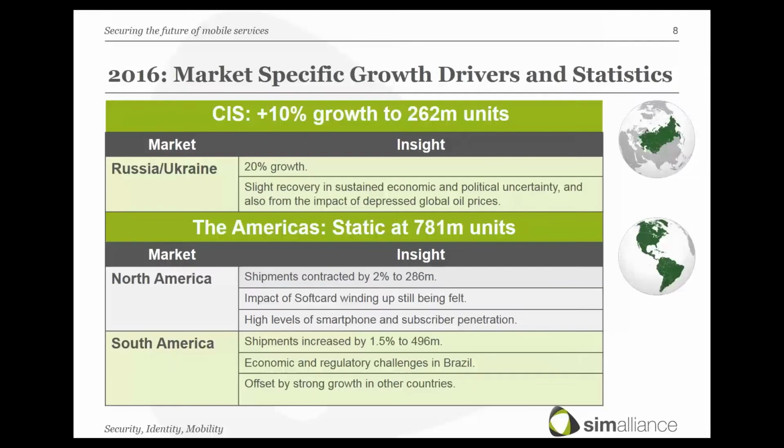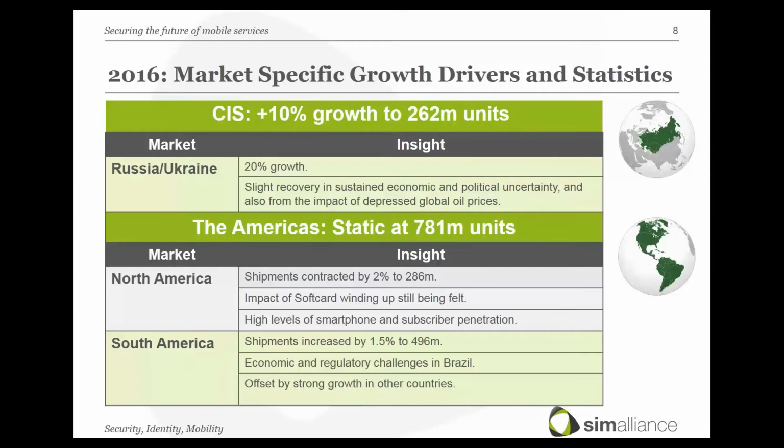Let's go to CIS. As mentioned before, we see a 10% growth overall in the region, which, to me, I was very surprised to see in the overall numbers. Because I would have expected that the economic and political uncertainty would still mean more load and more negative impact to the numbers.